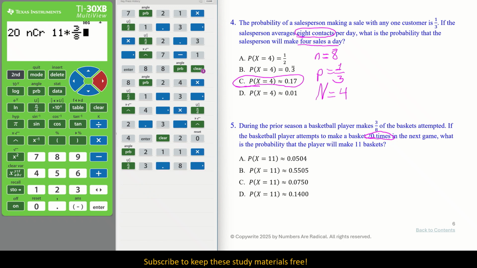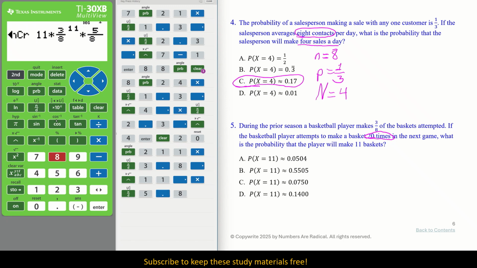Now, what number is that raised to? It's raised to 11, because 11 is what we're looking for. That's our success. So carry it up, 11, and arrow over, times. Now let's set up our new fraction. Obviously, our non-success would be 5 out of the 8.